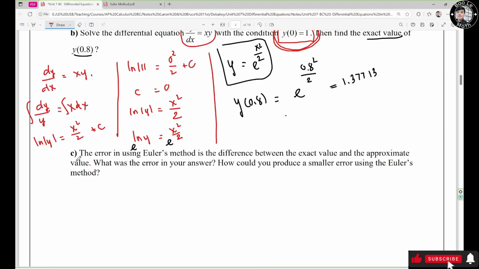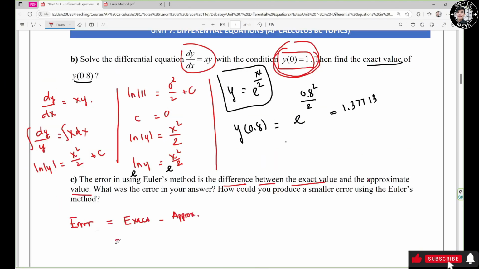Now let's move on to question C. The error in using Euler method is the difference between the exact value and the approximate value. What was the error in your answer? Alright, so you have error. So it's going to be exact value is right here, 1.37713.